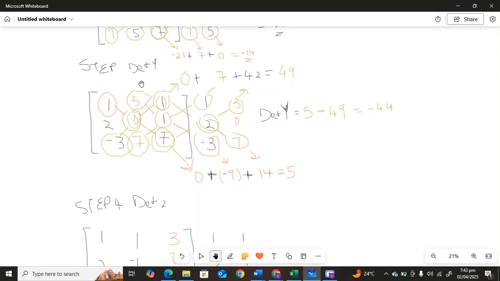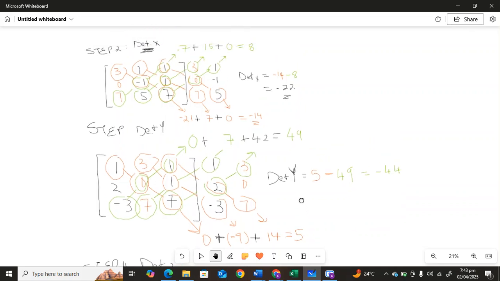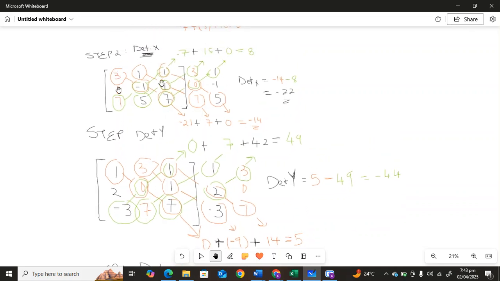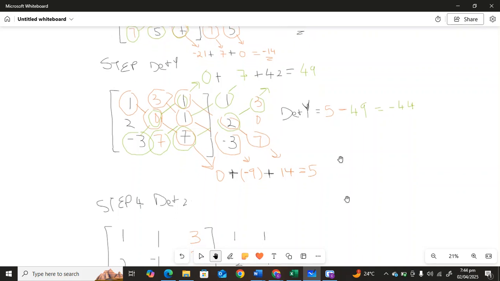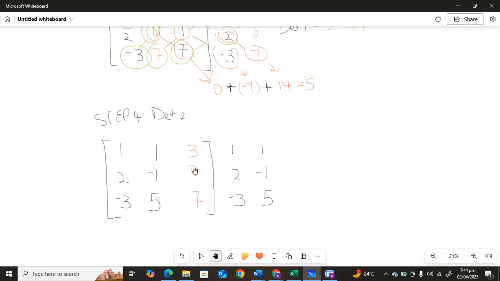Whenever you're finding the determinant for that letter, this column must be replaced. Yes. So if you notice, when we were getting determinant for X, the 3, 0, 7 was in the X column. Determinant for Y, the 3, 0, 7 is in the Y column. And determinant for Z, the 3, 0, 7 in the Z column.